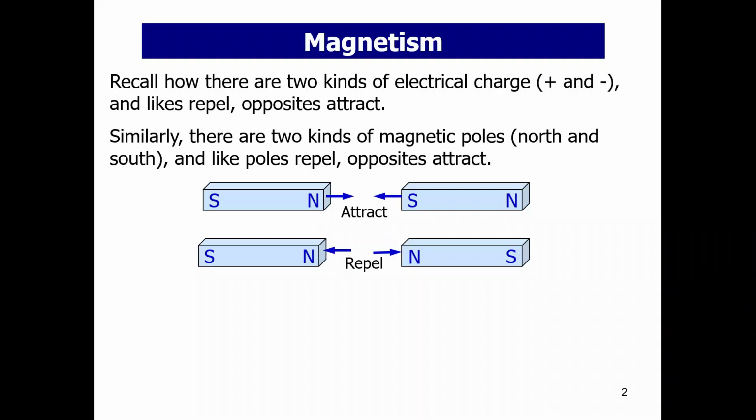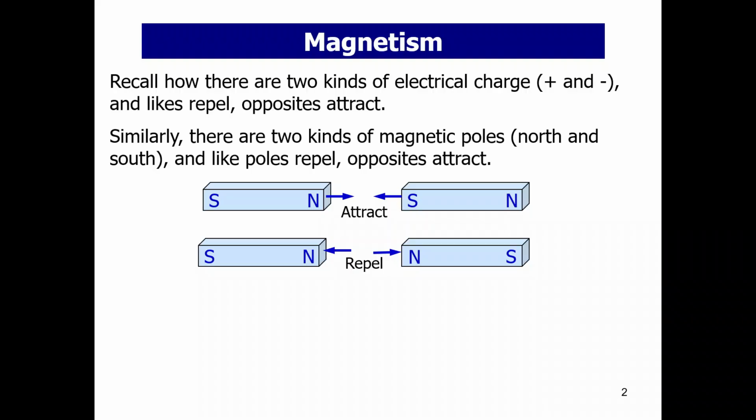So when we're looking at magnetism, there are still going to be two kinds of magnetic poles, north and south. The norths, we kind of treat similar to positive charges. The souths act a little bit like negative charges. So opposite poles are going to attract: a north attracts a south.